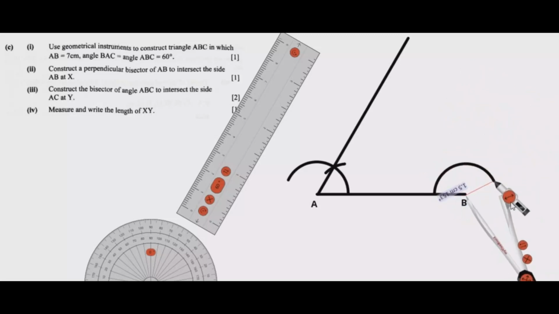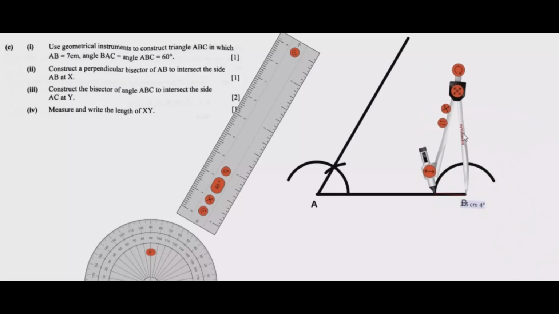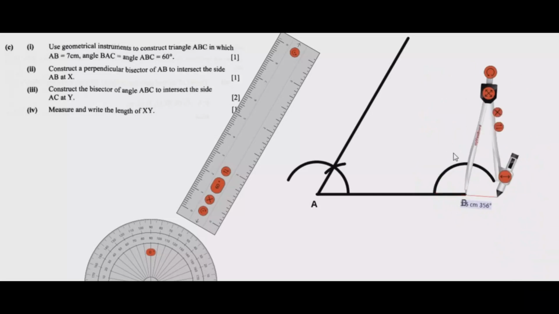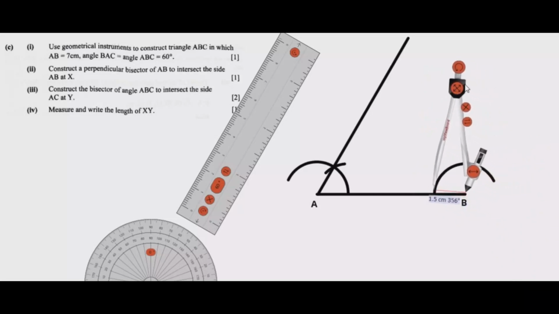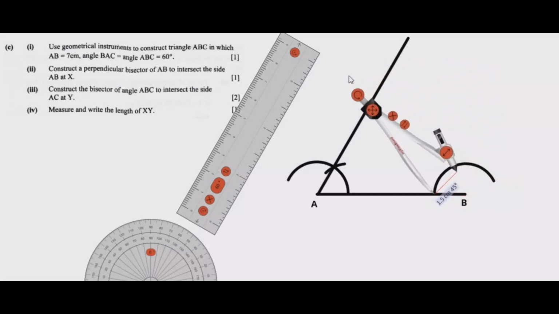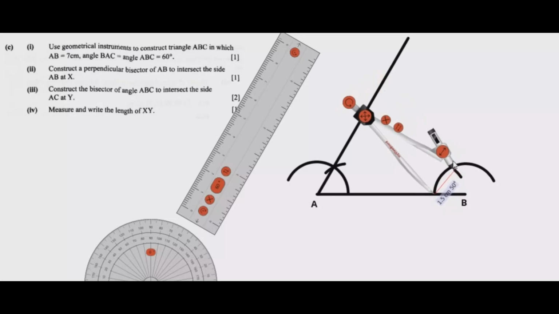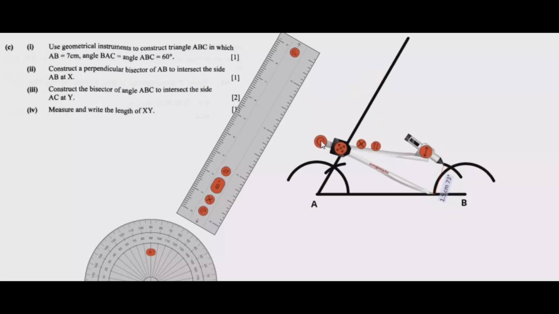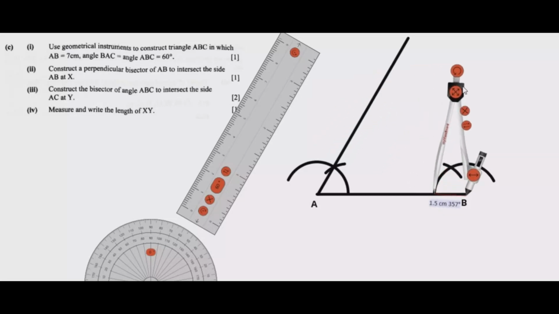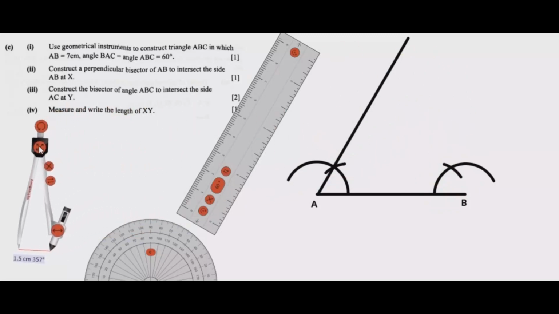Now we are going to do the same thing we did, since we are constructing 60 degrees also here. So we're going to put it here and come up with an arc here, like that.